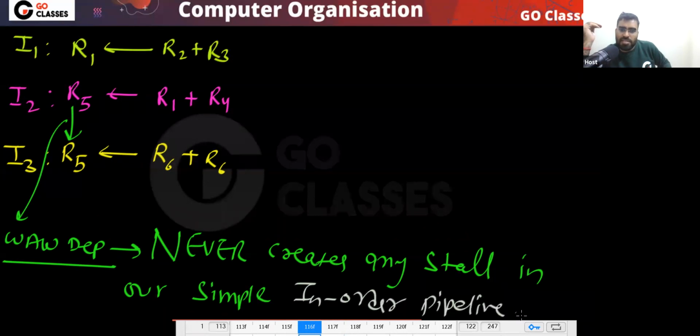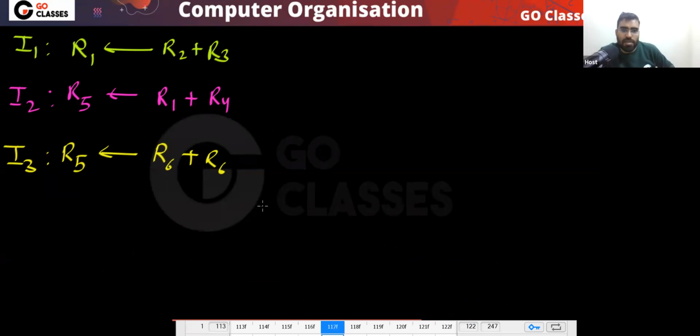In order means instructions just come one by one. So this can never create a problem there. But in the super-scalar system, these can create problems.